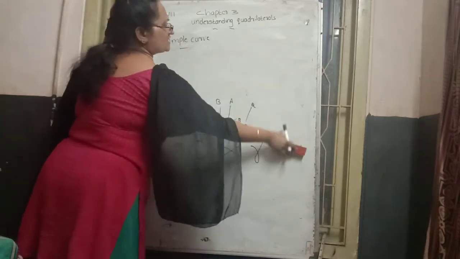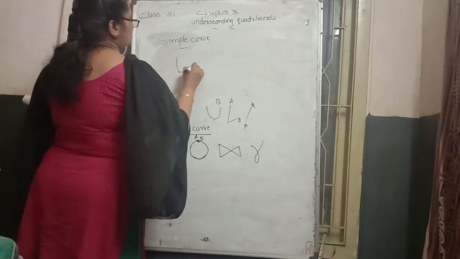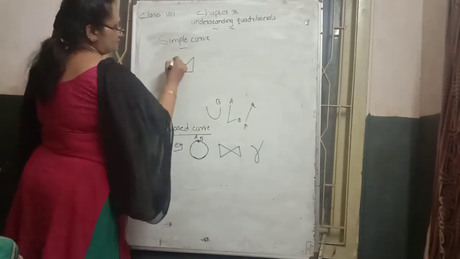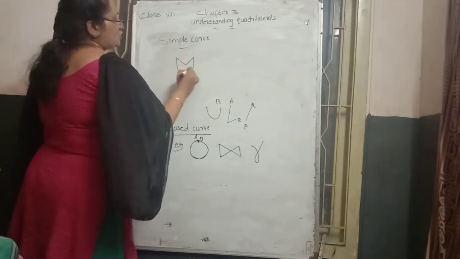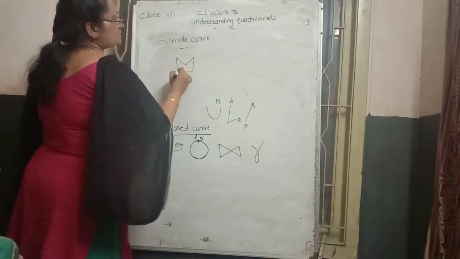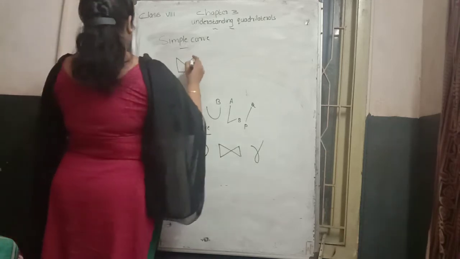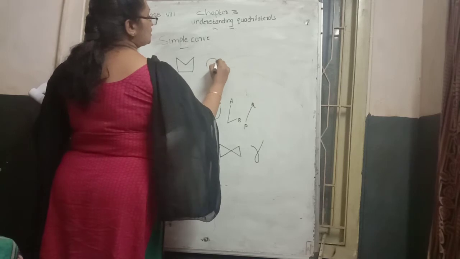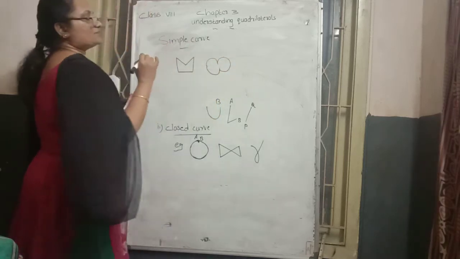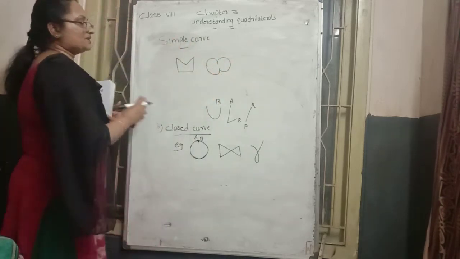That curve we call a simple curve. Example like this. See, without lifting we can draw different shapes. Different points are joined without lifting the pen or pencil. Such a type of figure we call a simple curve. Then this also, see here, without lifting and joining. All points are joined without lifting the pen or pencil till we get a simple curve.